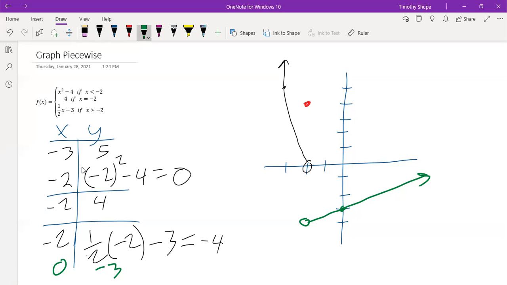We found what's happening at that boundary, and we left the first and third open because they're not equal to -2 there. But we were able to put a closed circle on that second function because x does equal -2. So find your transition points, plug in a couple more coordinates to determine where it's going from there, and then connect them up in the shape that the function is, and that is our piecewise function.